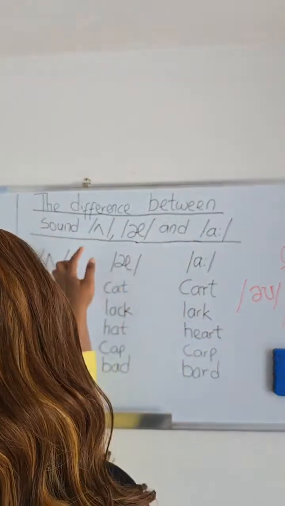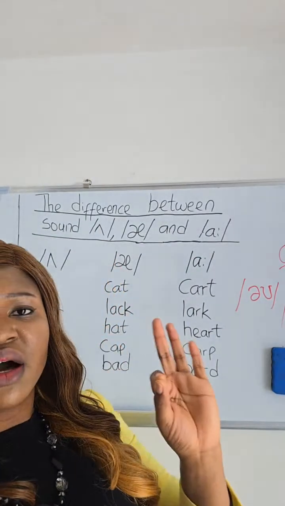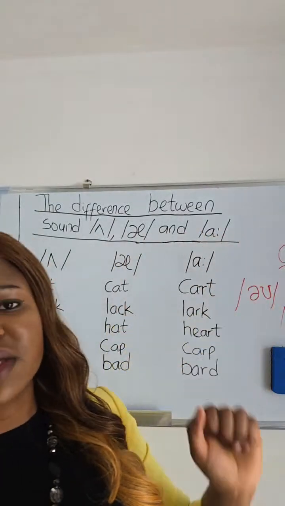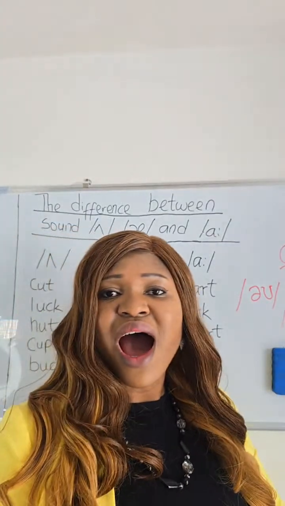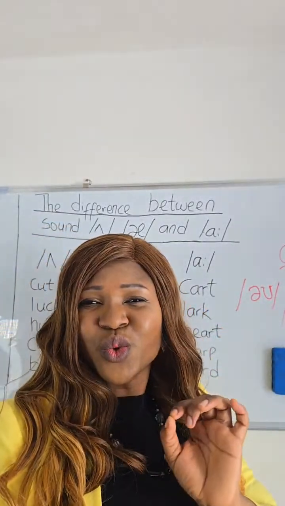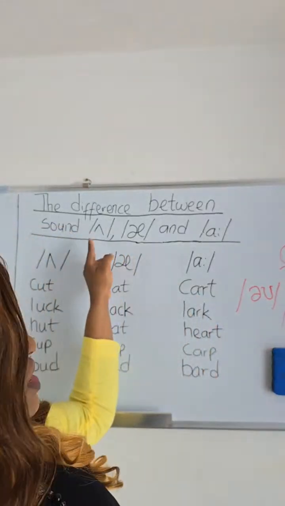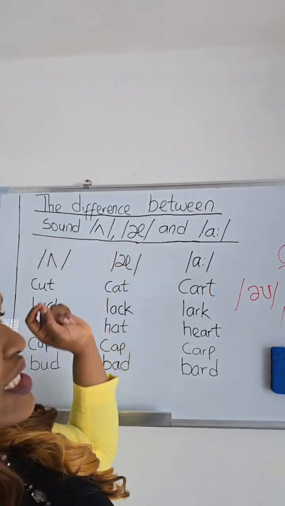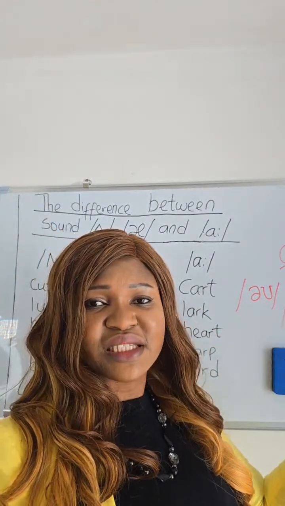For instance, this is articulated very short. It is the shortest amongst them. This is articulated a little bit cooler, whilst this is harsh. For example, cut, cat, cut, cat.